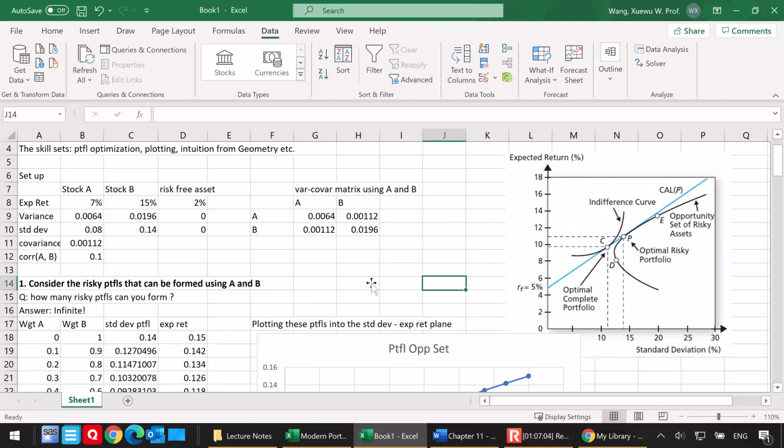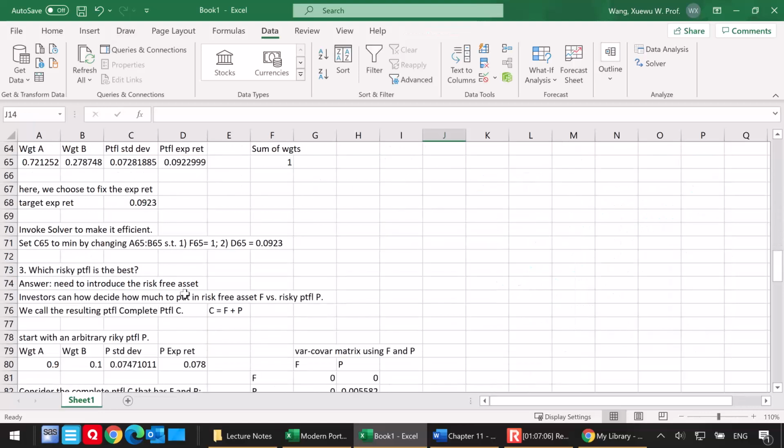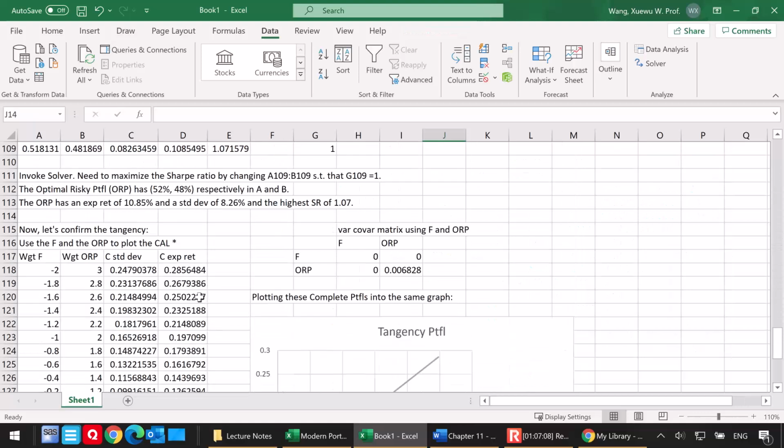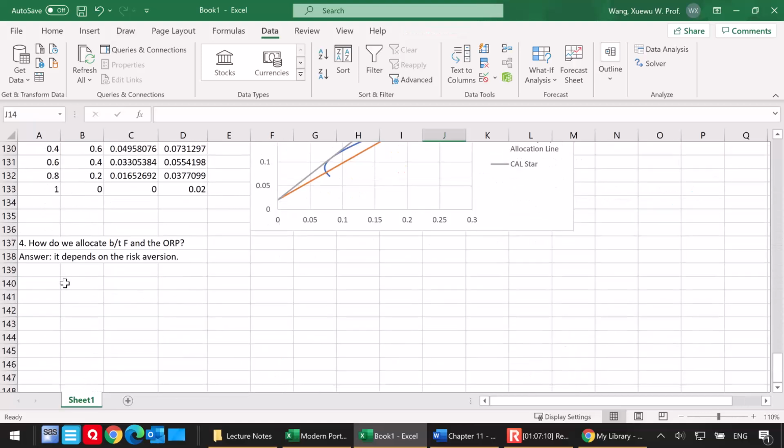All right, so how do we do that? All right, so the answer is, it depends on the risk aversion coefficient. Okay, but in order for me to illustrate this, I would have to involve some kind of utility function. Okay, so remember, investors derive utility from investing in complete portfolios.